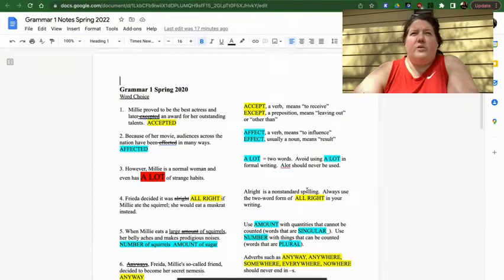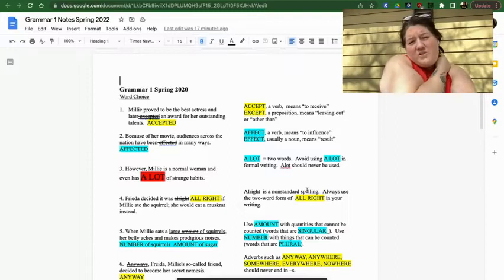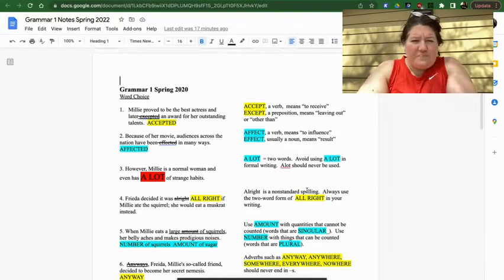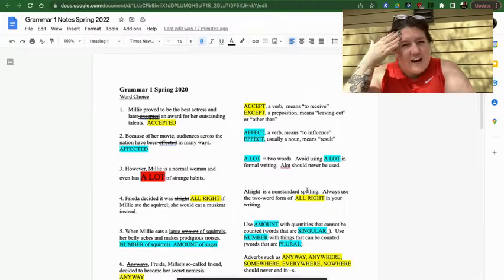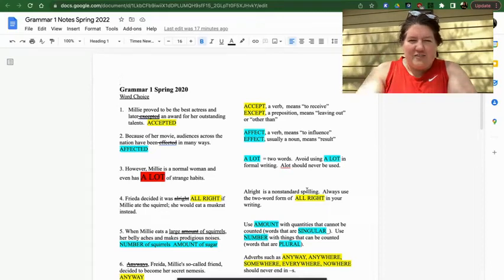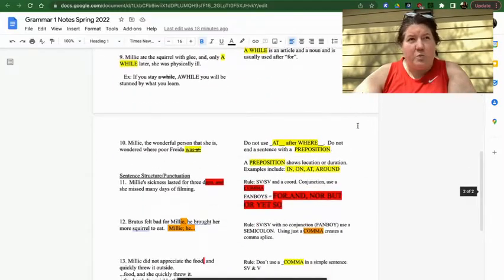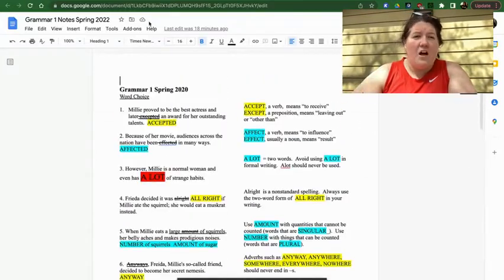I'm not going to do a lockdown browser thing or anything. Just because you will never be in a situation where you are deciding between affect and effect right here, and you won't be able to look up those resources. So I want you to use this while you are taking your quizzes and stuff.